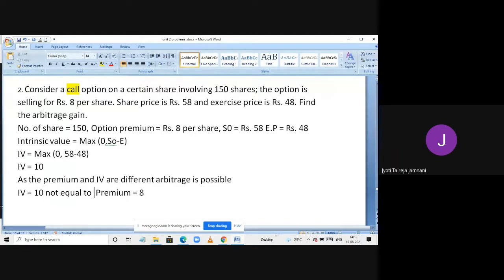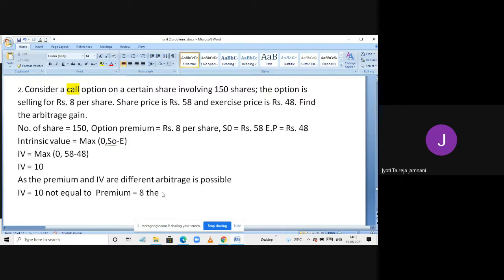Now tell me whether the option is undervalued or overvalued. The option is gaining 10 rupees and it is selling in the market for 8 rupees. Overvalued, ma'am. Overvalued? Undervalued, ma'am. Undervalued, because the gain is more and its market value is less. So it is gaining 10 rupees and it is sold for 8 rupees.